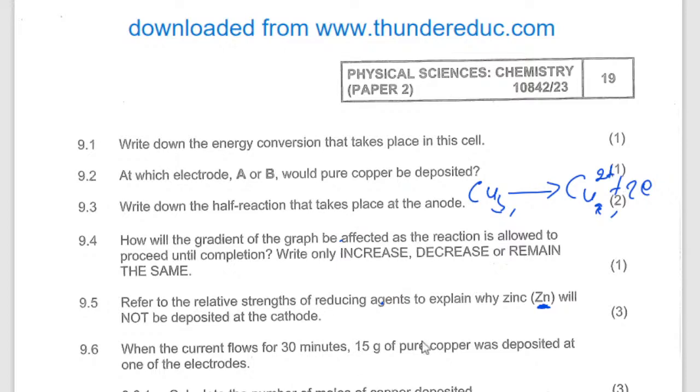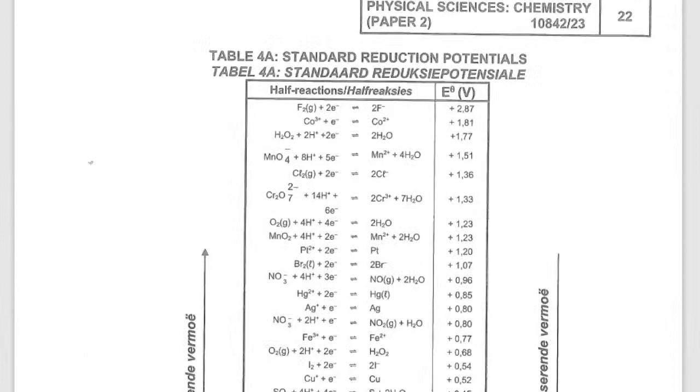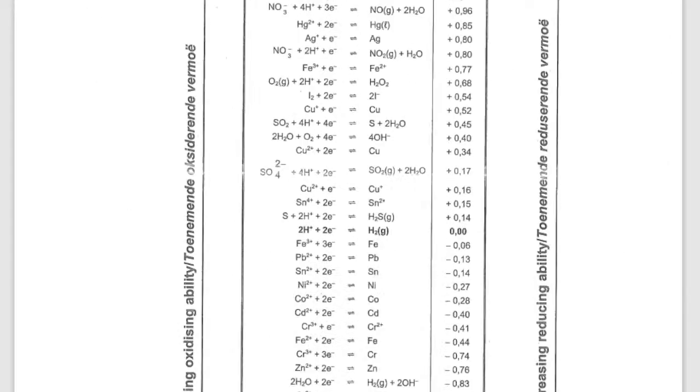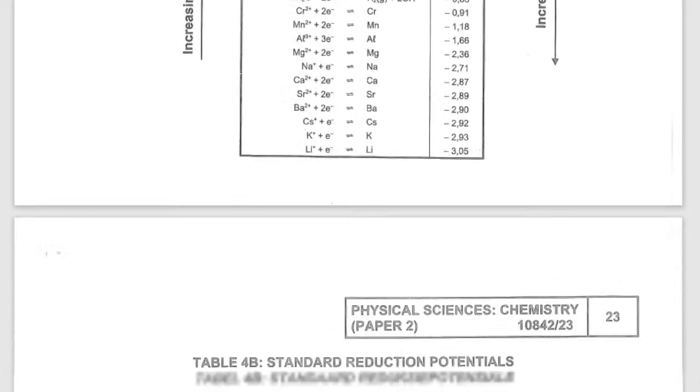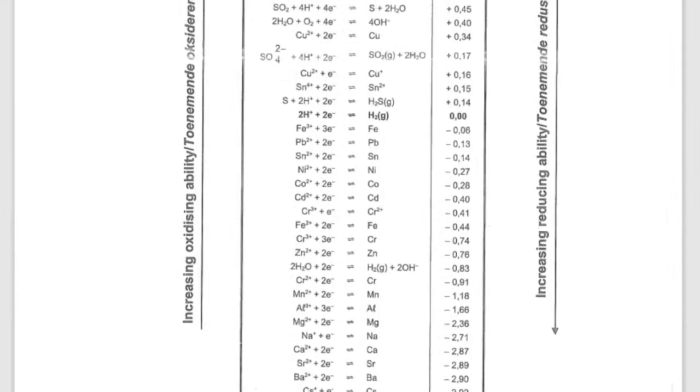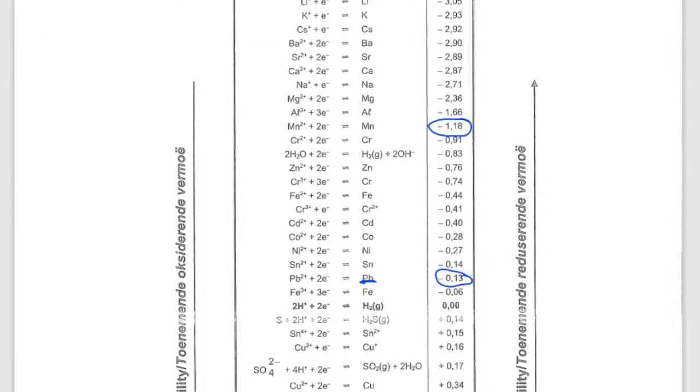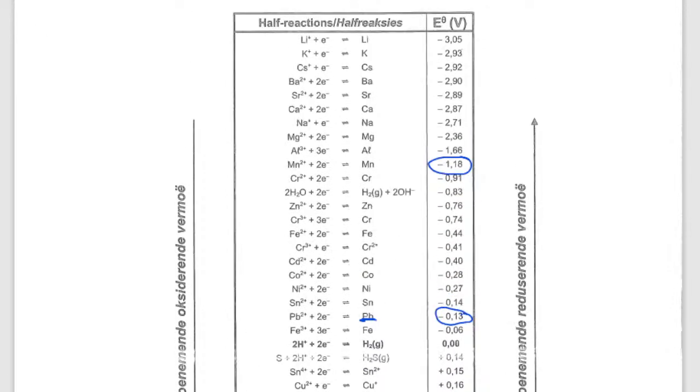Let's go to the reactivity series and see which one is on top. Hey guys, let me tell you this. Don't use the two reactivity series, because there is that and there is that. Choose one which you master. I always tell my students to use this one because this is the normal one, the other one is the reverse.